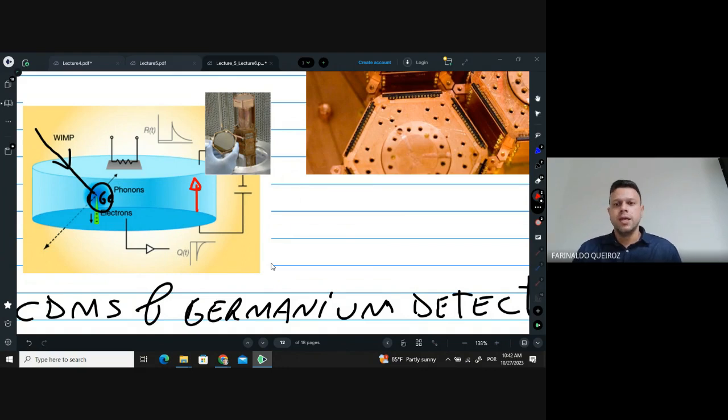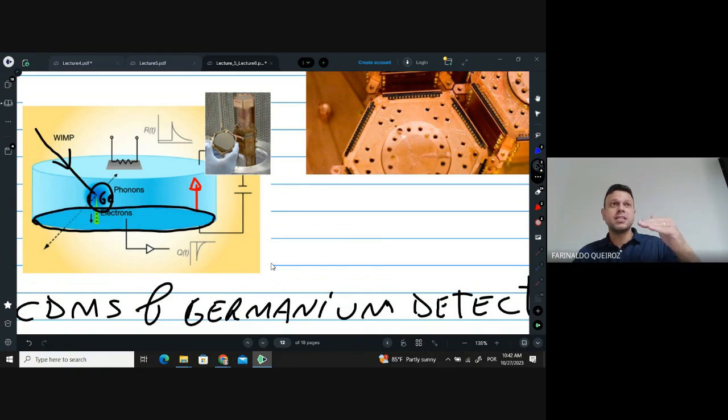Once the electron hits the material below, which is a semiconductor, where the energy gap between the valence band and the conduction band is tiny enough, any electron that comes there will produce a current. Then I measure that current. So by measuring a current, I know the energy of the incoming particle in the first place.